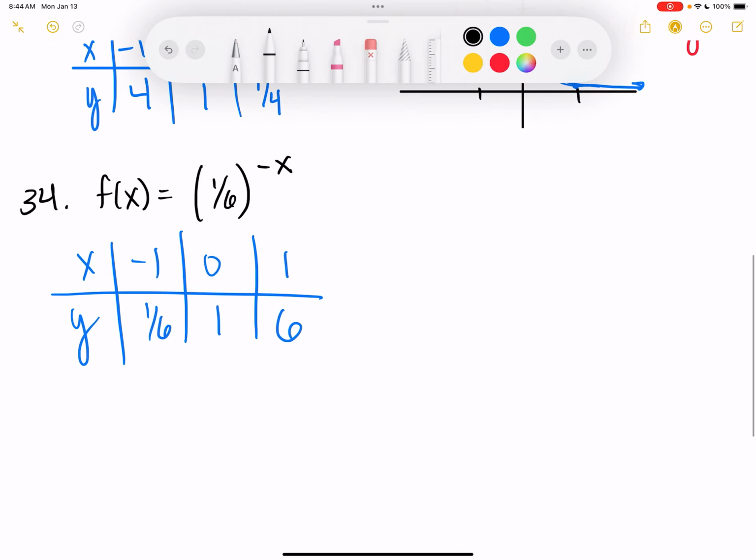So this one's going the opposite way. So at negative 1, I'm at 1/6. At 0, I'm at 1. And at 1, I'm at 6.